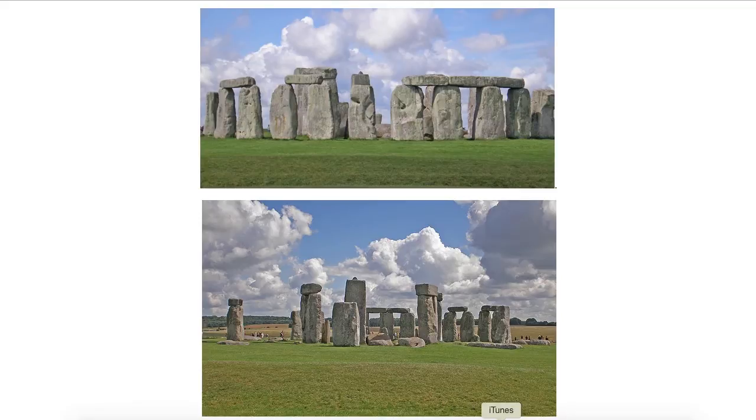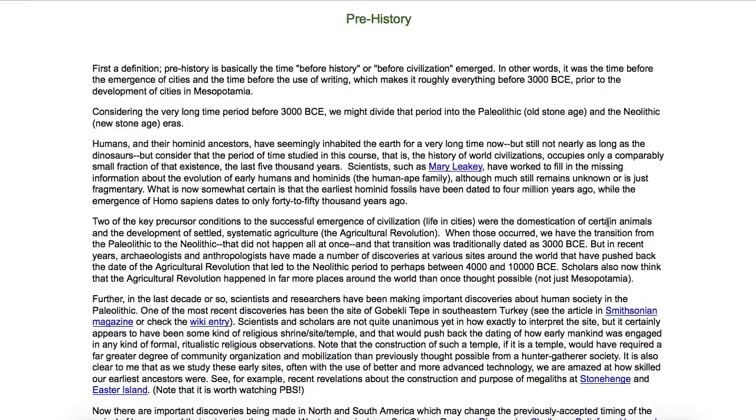And so that's a great way of talking a little bit about the prehistoric era, which is what we're going to be doing in our world and Western Civ courses. And in real simple terms, prehistory is the time of civilization before the age of writing.